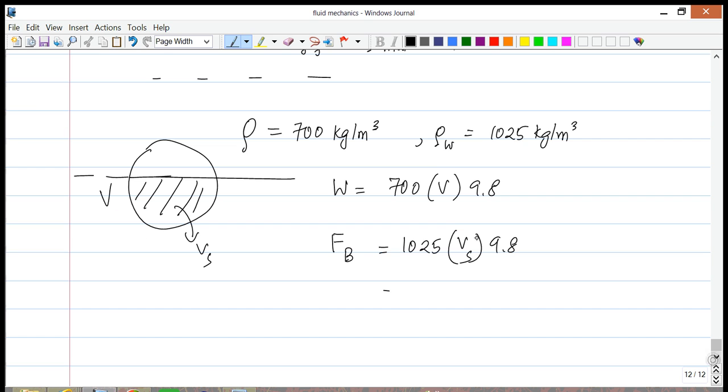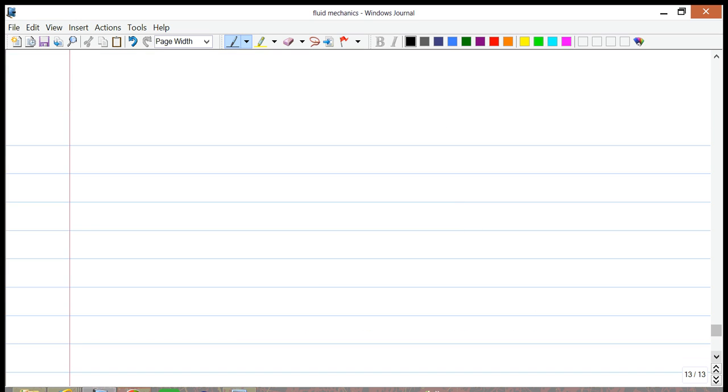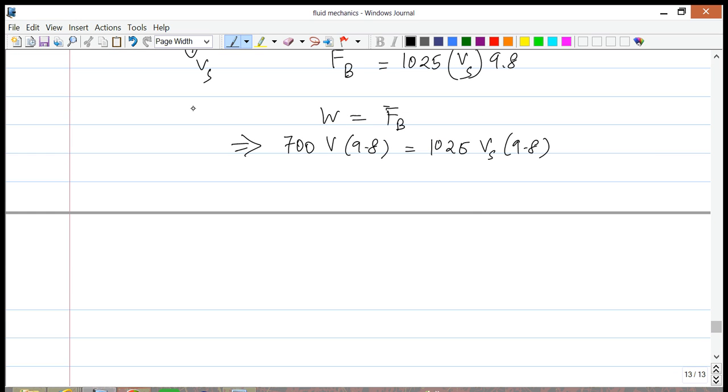If the object is floating, these two forces have to be equal to each other. So W is equal to F_B. This tells me that 700 times V times 9.8 is equal to 1025 times V submerged times 9.8. Great, one step closer to the answer. The 9.8 cancels out.